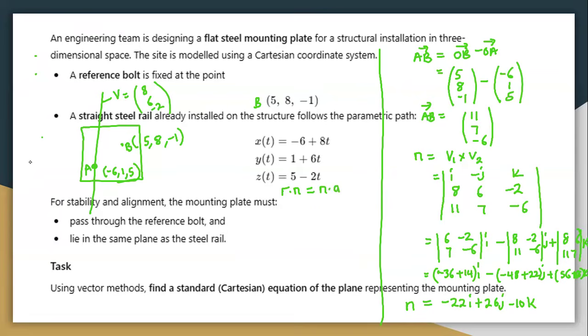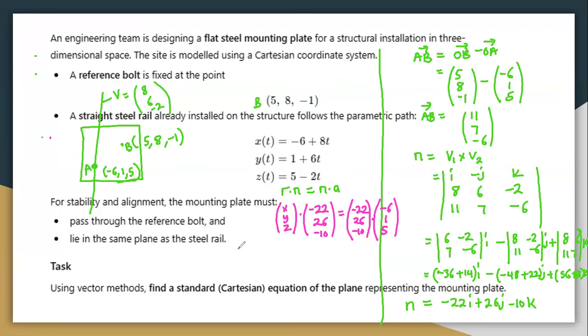R is in the form of x, y, z dot the normal, which is negative 22, 26, negative 10, equals our normal negative 22, 26, then negative 10 dot, we pick any point, let us take negative 6, 1, 5.